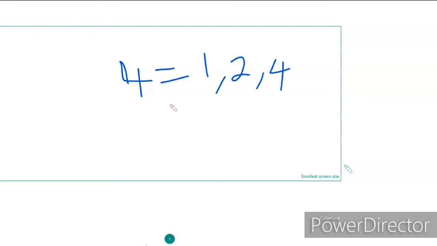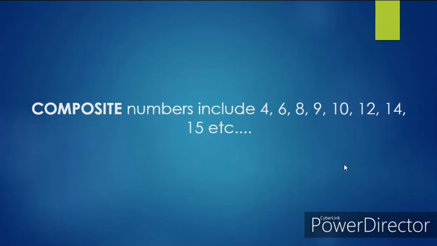So we can see that we have 3 factors of 4, which is more than 2, unlike a prime number that has just 2 factors. So 4 is a composite number. The same applies to 6, 8, 9, 10, 12, 14, 15, and other numbers in the series that have more than 2 factors.